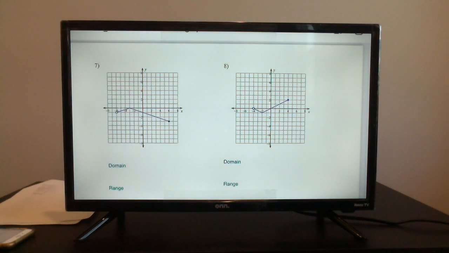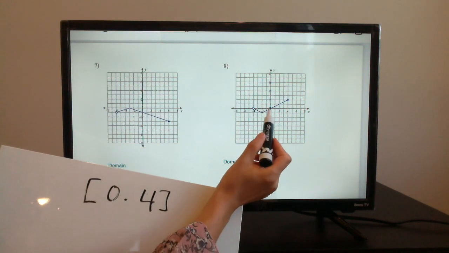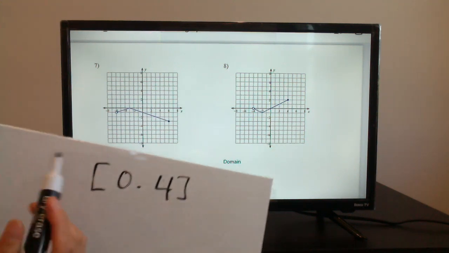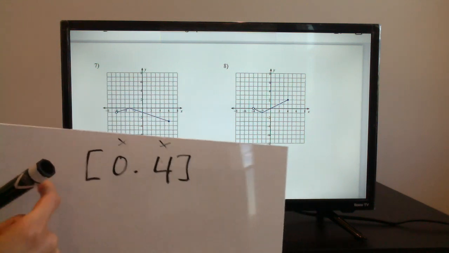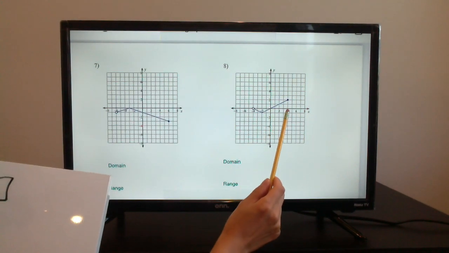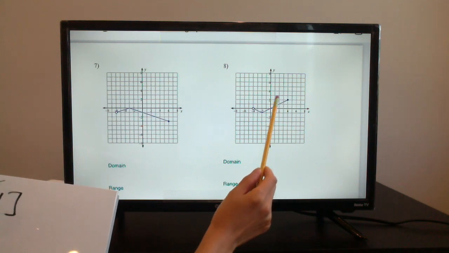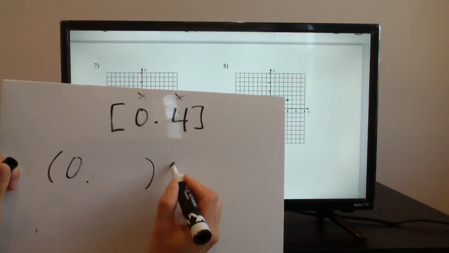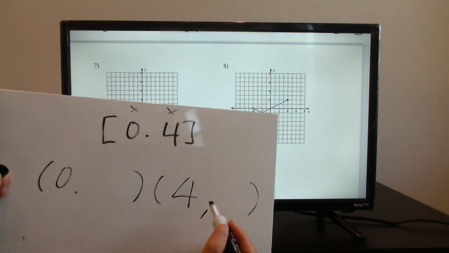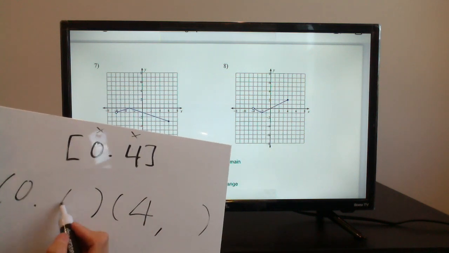So let's find the average rate of change over the interval 0 to 4. So 0 to 4. Again, this is the domain. This is the x value and x value. It means from 0 to 4, we'd like to know the slope, right? So let's say 0 and we'll know the y value, 4 and then we'll know the y value. So when you have 0, y is 0.